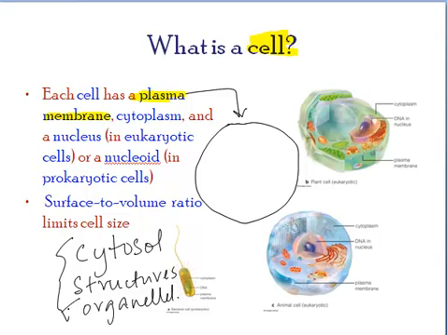Together, all of this is called the cytoplasm. So in other words, cytoplasm is going to have a fluid part and also the structures on it. So if you think of your room, then the floor itself would be the cytosol, and all your furniture and your equipment together would be the structures and the organelles.